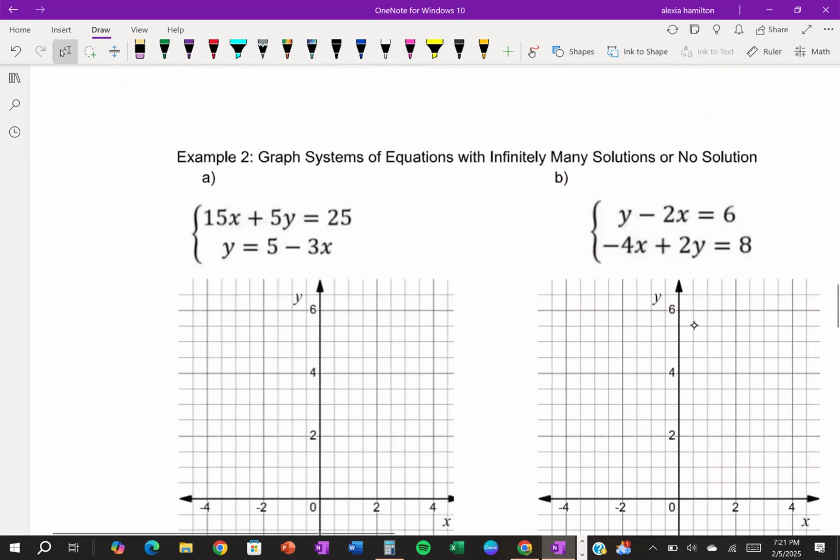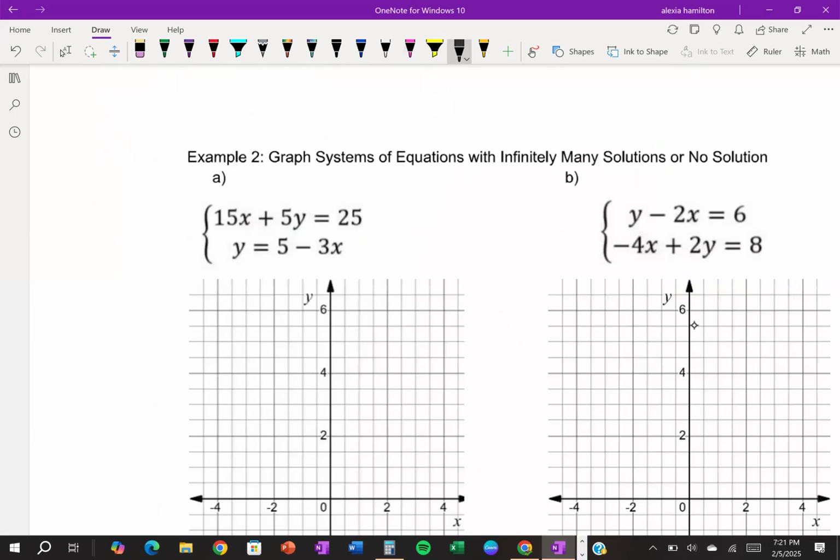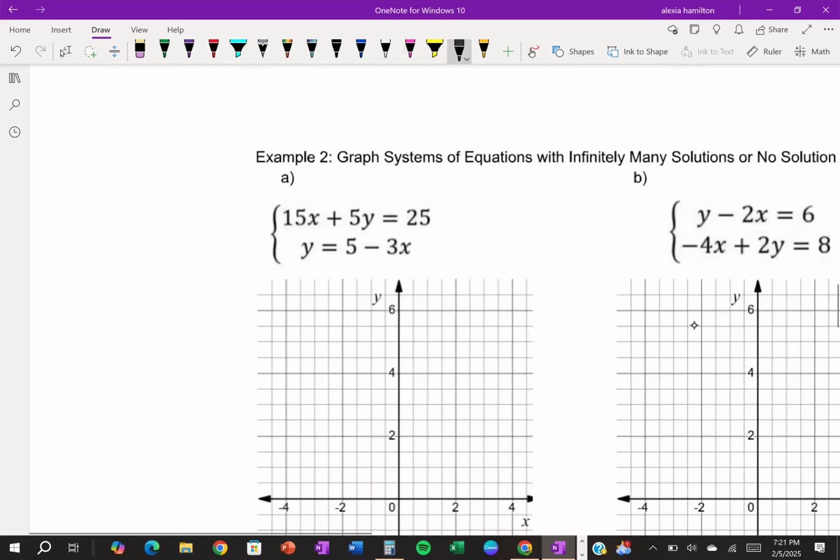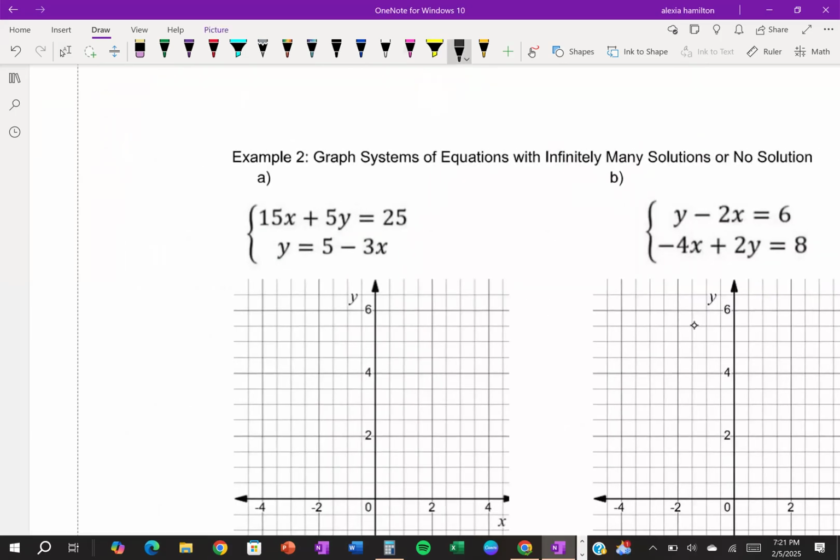Well, it's a good thing you all know how to take standard form equations and write them in slope-intercept, if you so prefer. Just solve for y. How do you do that? Well, I have 15x plus 5y equal to 25.